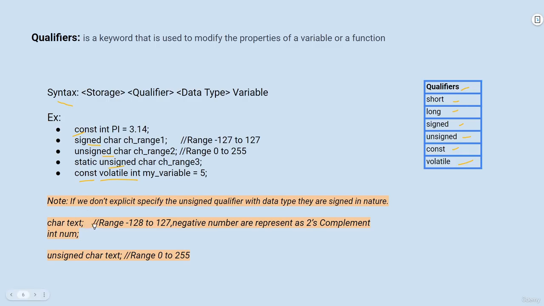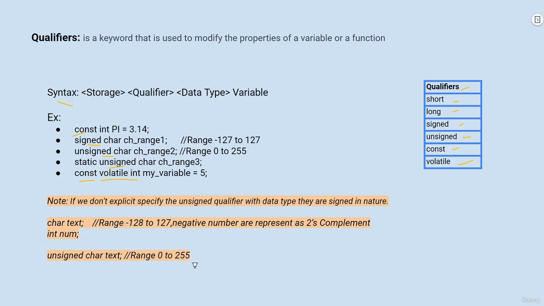Now char text, the range of this is -128 to 127. Negative numbers are represented as 2's complement. Then int num is basically a signed integer. Unsigned char text, in this case, the range would be from 0 to 255.